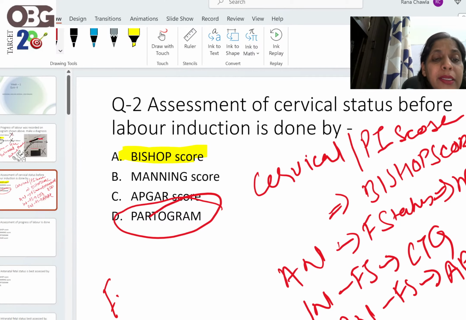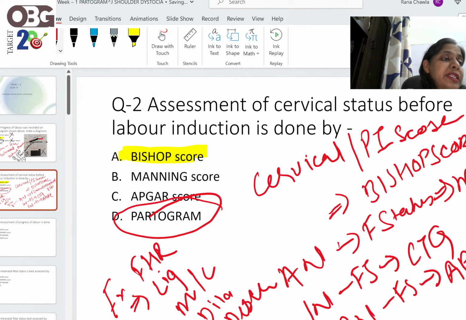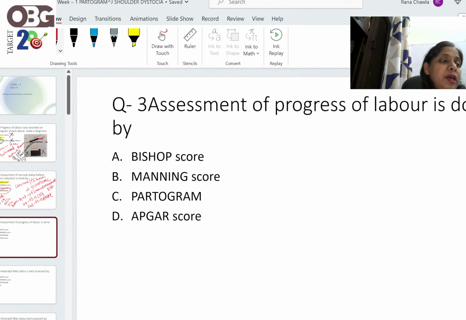For example, what is the fetal heart rate during the labor, whether the liquor is meconium or not, whether the moulding is present, caput is present, dilatation, descent, and maternal condition, cervix condition, everything during the labor is told by the partogram. So this you have to learn. These all are the scores which are asked in obstetrics labor.